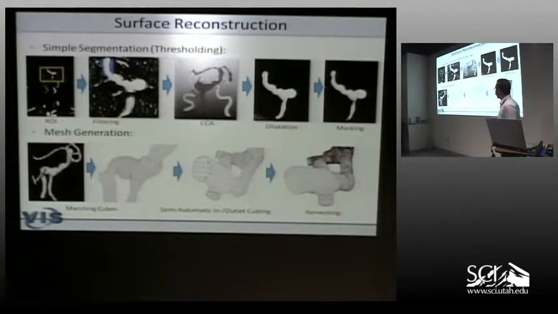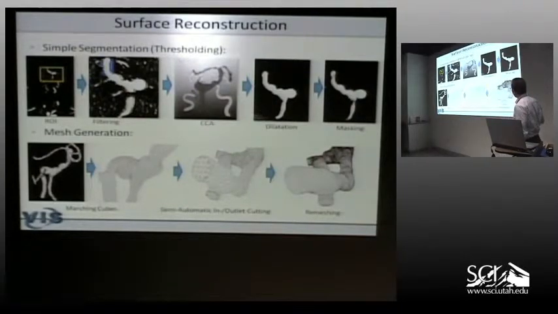We have a pipeline of steps which is quite typical, I would say. Other groups have a similar pipeline. We select a region of interest, do some kind of pre-processing to enhance vascular structures. Then, in most cases, an intensity-based thresholding is sufficient to yield the vascular structures, and the connected component analysis gives you the largest of these structures.